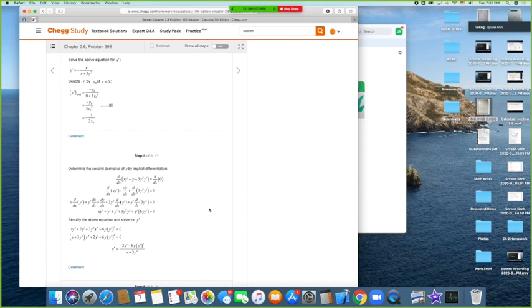But you see in step 5 where it says simplify the above equation, I just haven't seen that method. Is this advised? There's another way to do it, but we never talk about it in here. So this isn't going to be on the test where I'm going to get this problem?